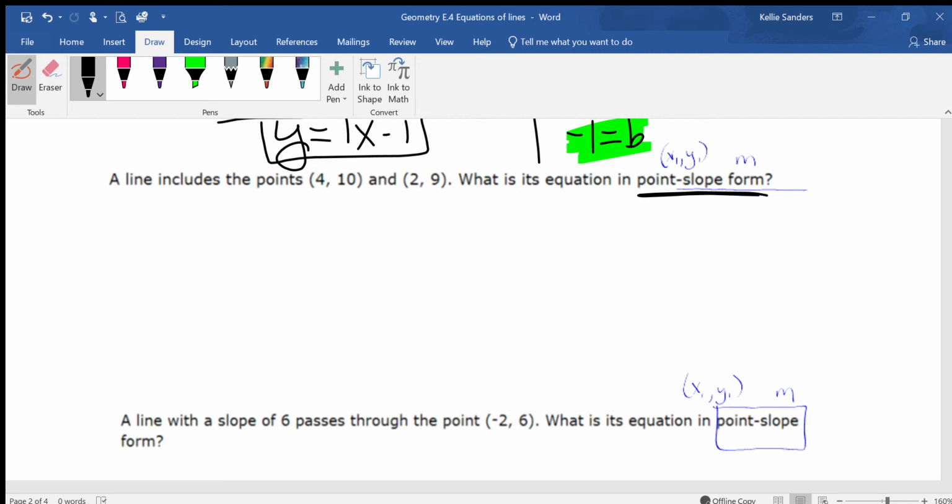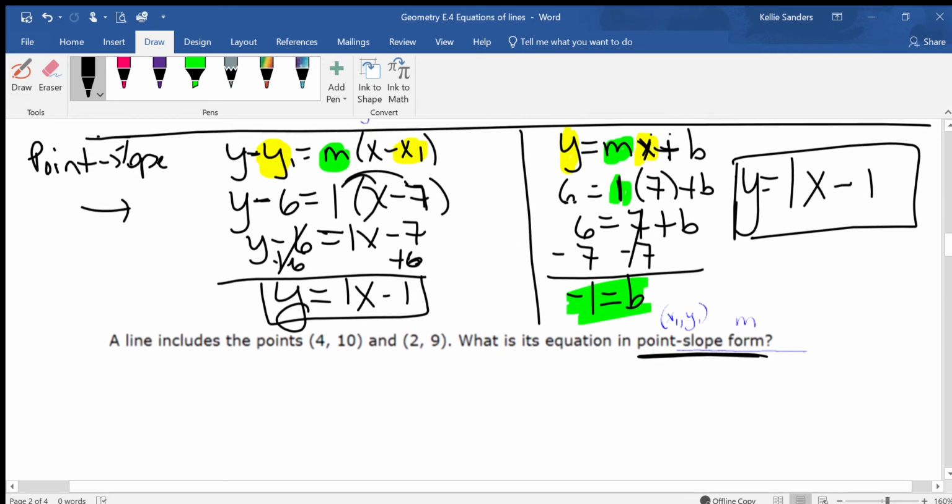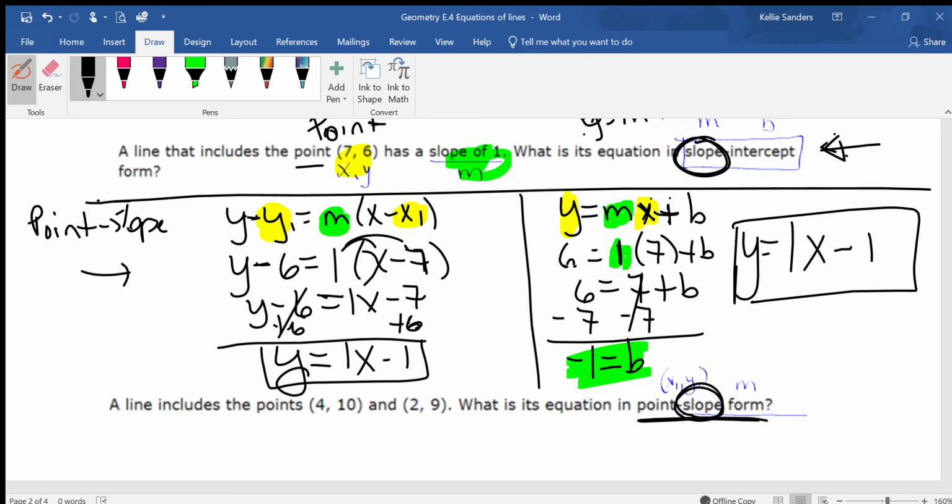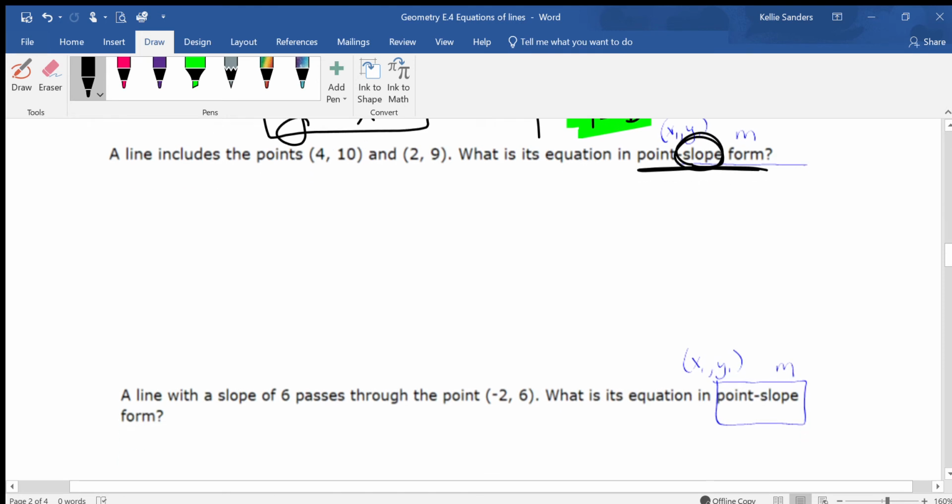If they ask you for an equation of a line, whether it be in slope-intercept or point-slope form, slope has to be part of the information no matter what. Okay? But if they just give us 2 points, 4, 10, and 2, 9, they didn't give us the slope. You got to find it.